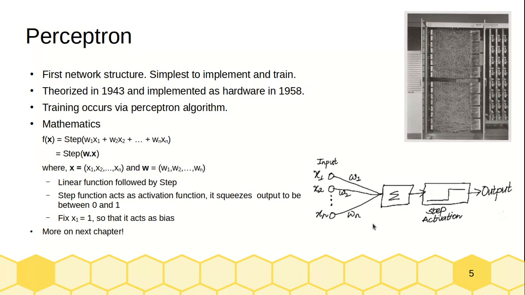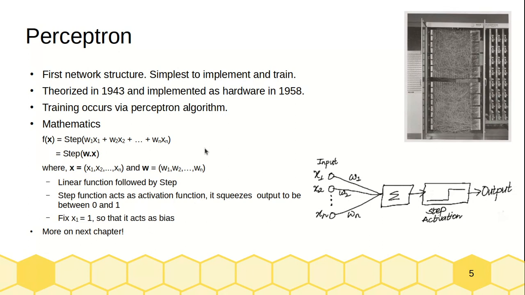In the diagram you can see it is just a linear function followed by a step, and this equation represents a plane in 3 dimensions, a line in 2 dimensions, or a hyperplane in higher dimensions. The step function acts as the activation function, and it squeezes the output to be between 0 and 1.